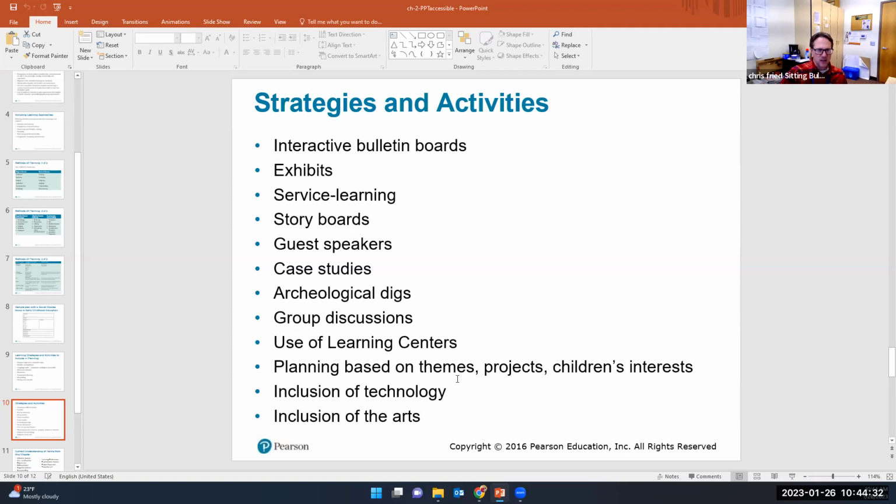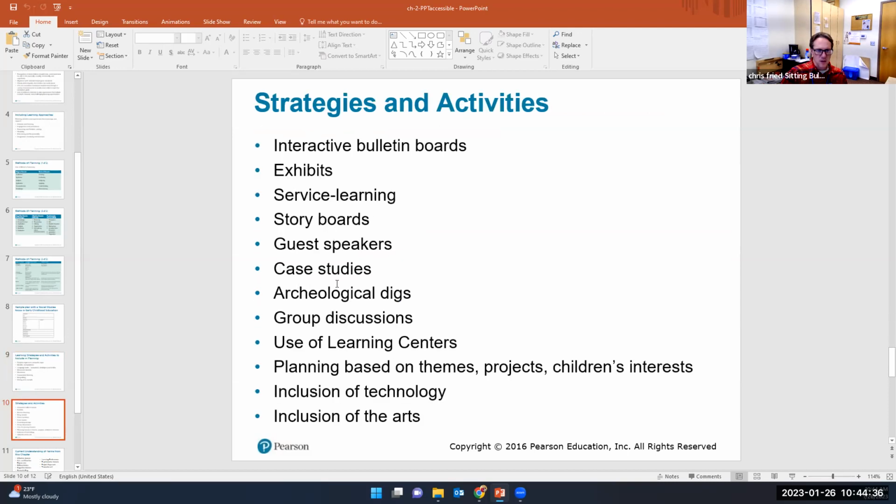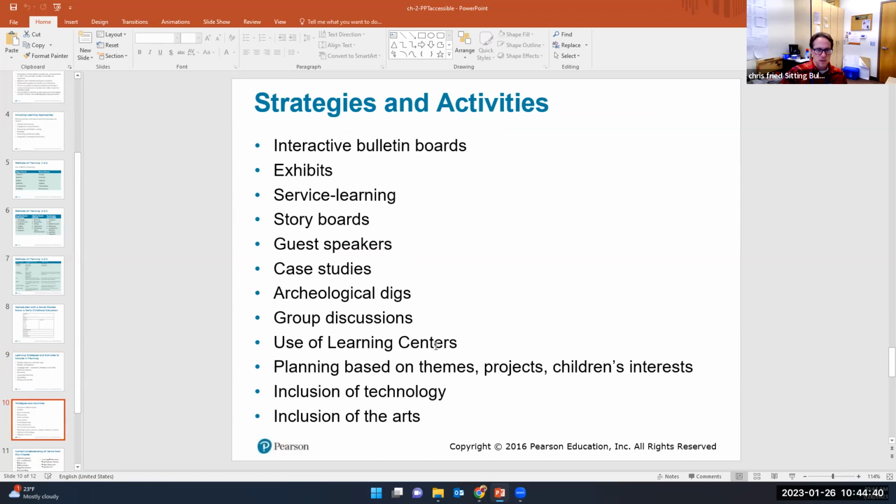I don't see it. I guess it kind of did talk about archaeological digs and maybe museum stuff, but field trips are a great activity to use with kids in regards to understanding.